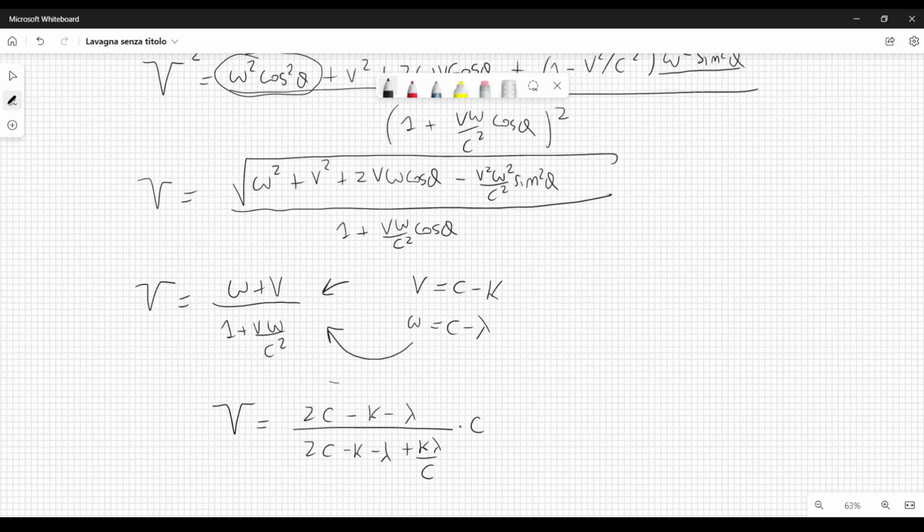And if you check, this ratio here is less than 1. So this means that this is less than c. So that's easy to check, right?